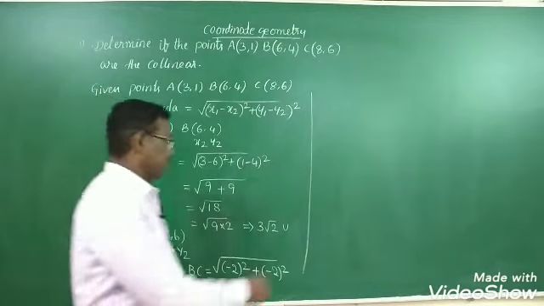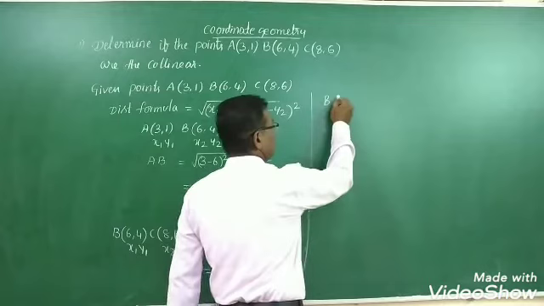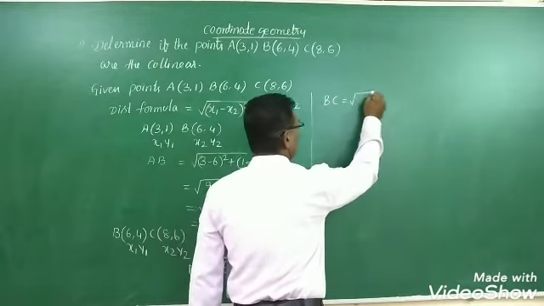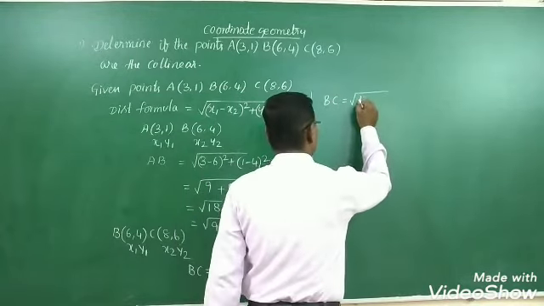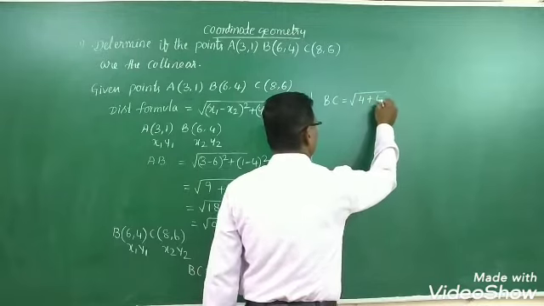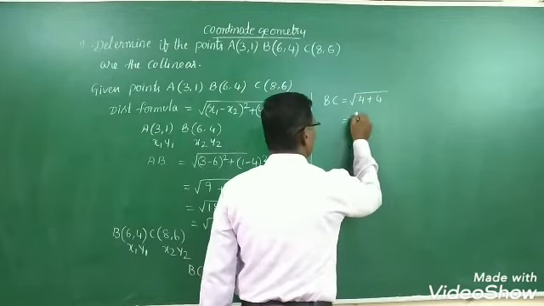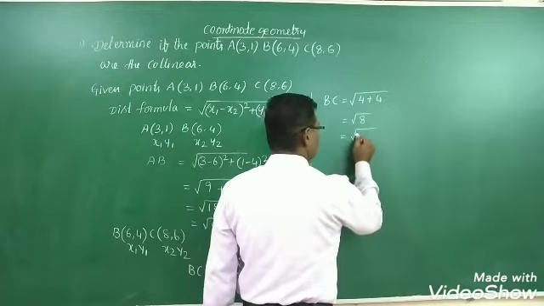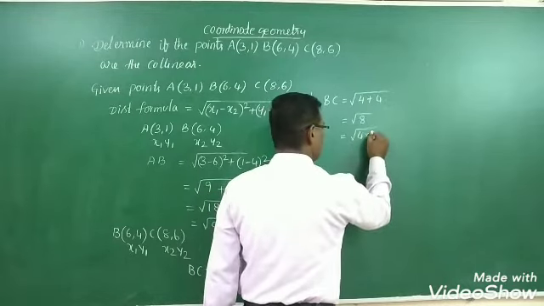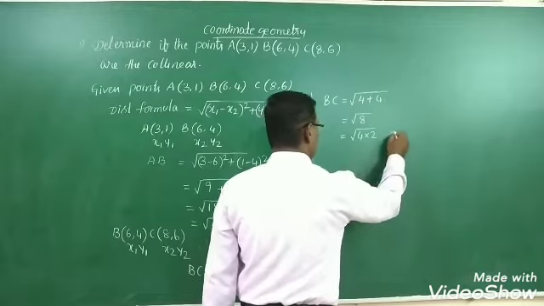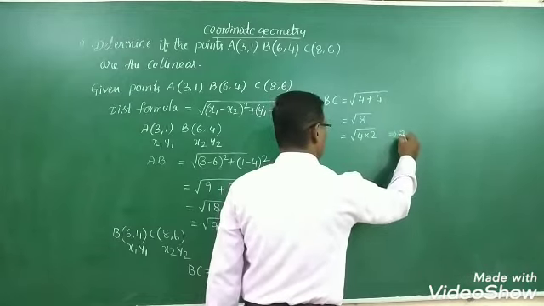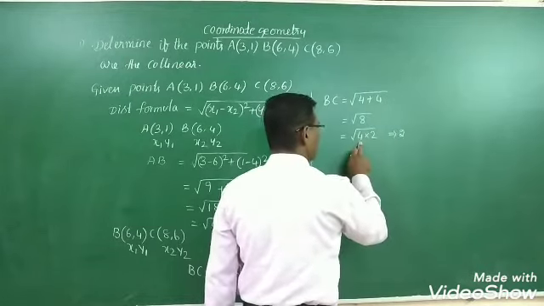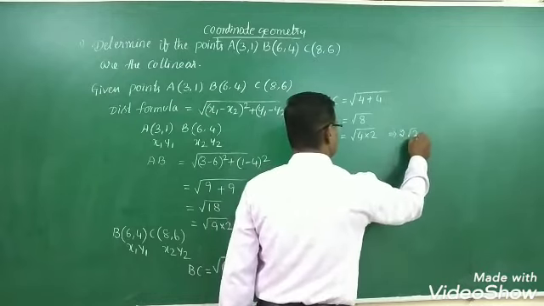BC is equal to square root of minus 2 whole square is 4, again 4. That is root 8. Root 8 can be split as 4 into 2. So root 4 value is 2, root 2 as it is.